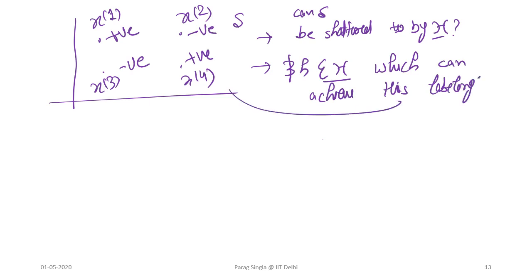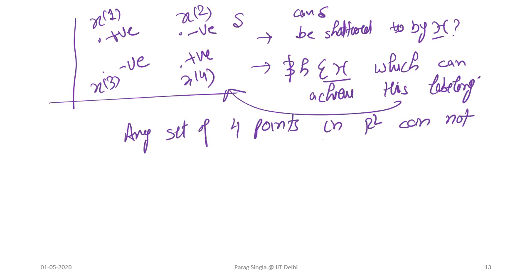I have not really shown this for any 4 points in general, but you can actually show that any set of 4 points in R2 cannot be shattered by hypothesis class H.